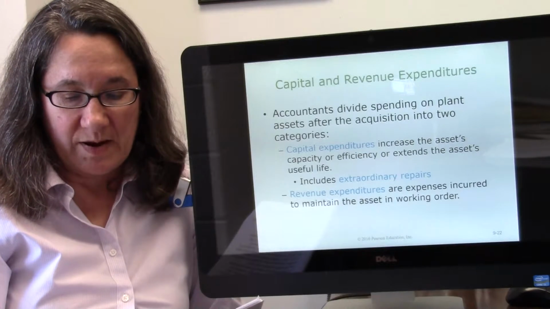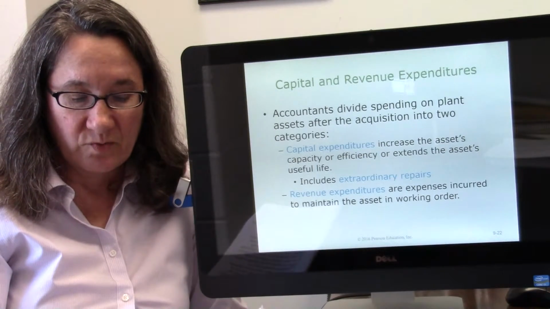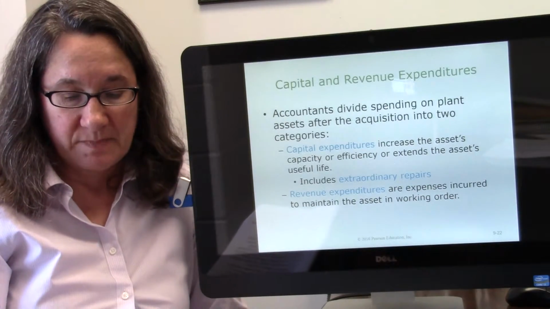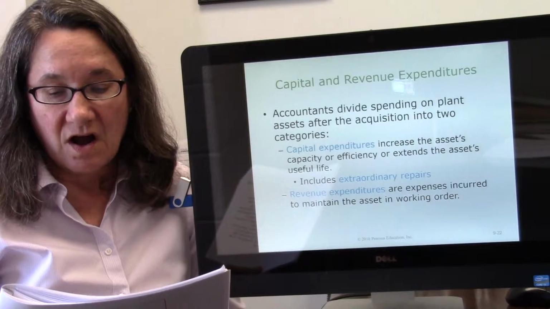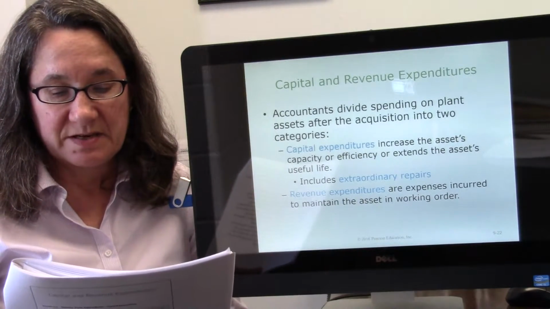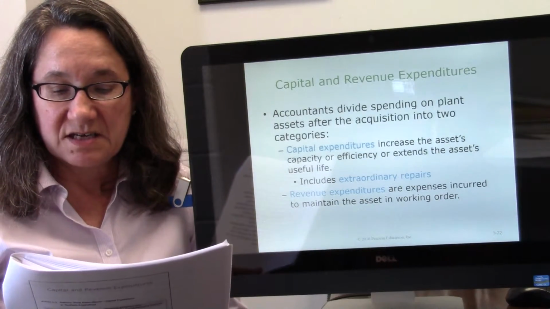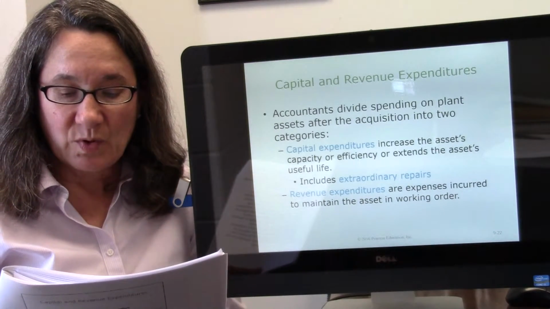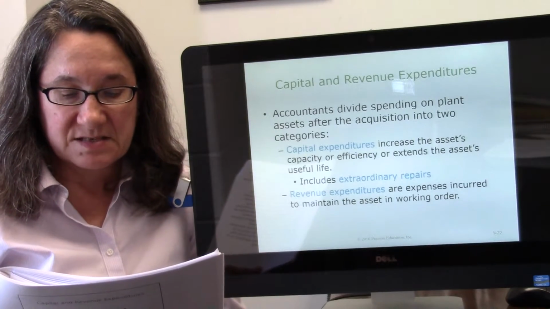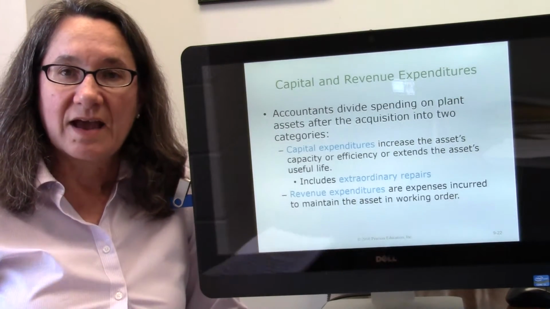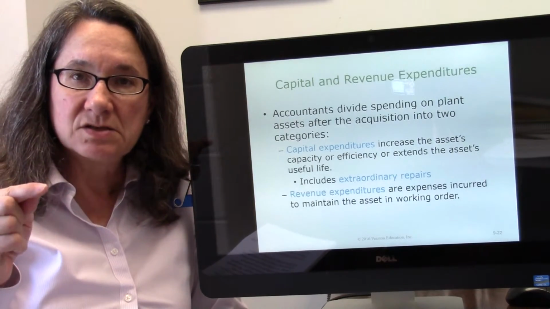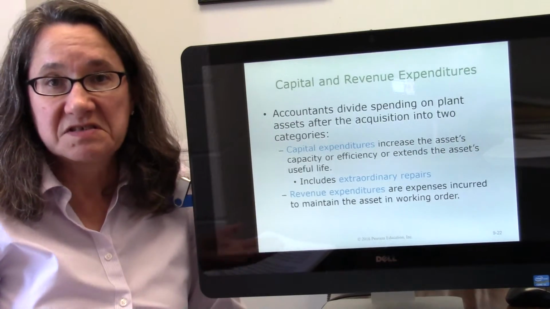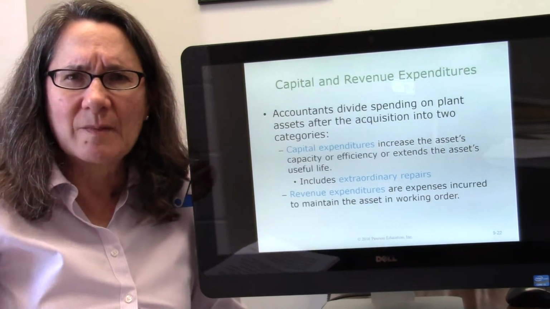These ordinary repairs are called revenue expenditures and are debited to repairs and maintenance expense. Revenue expenditures are often called income statement expenditures. They do not increase the capacity or efficiency of an asset or extend its useful life, and are reported on the income statement as an expense in the period incurred. So capital expenditures create or add to an asset. Revenue expenditures, or just expenses, repair or maintain an asset.